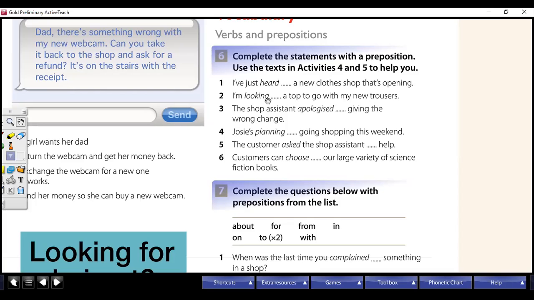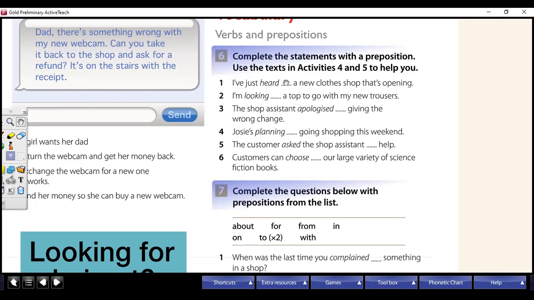For example, I've just heard a new clothes shop that's opening. So you have to look in here for the verb, and what is the preposition that goes in there? Okay? I'm looking a top to go with the new trouser. The shop assistant apologized, okay, in here.